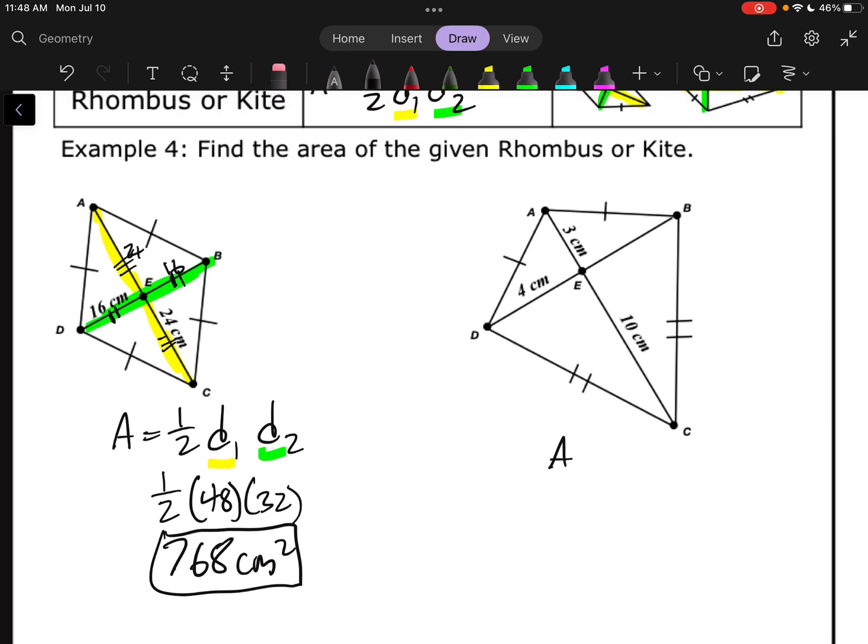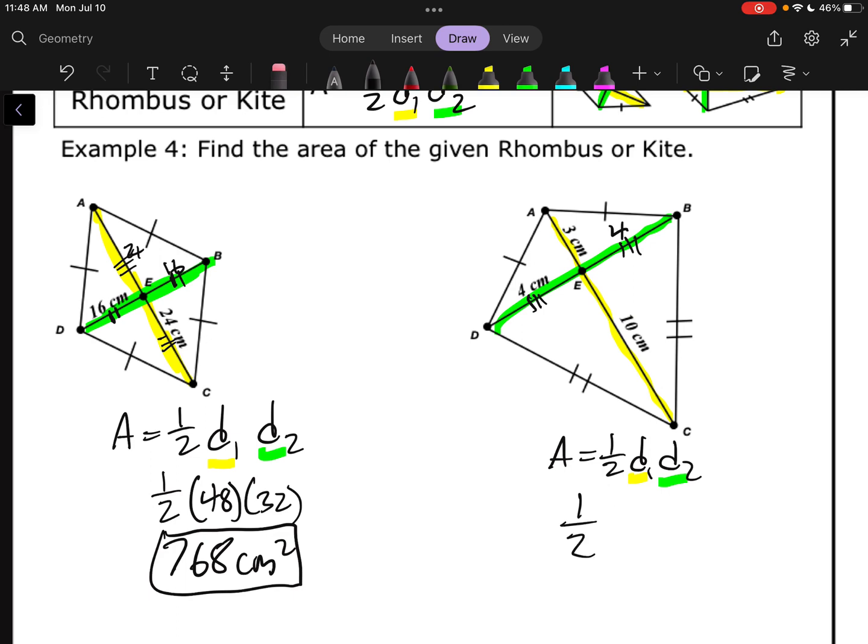For my other one over here, 1/2 D1 D2. Let's say D1's going this way, D2's going this way. Now with the kite, the diagonals do not bisect each other. There is one diagonal that gets bisected. So this side would be 4, but the other one is not bisected, and we can see that by the 3 and the 10.